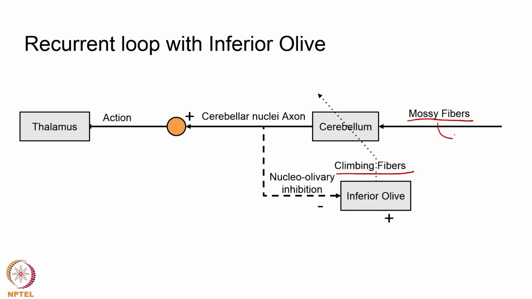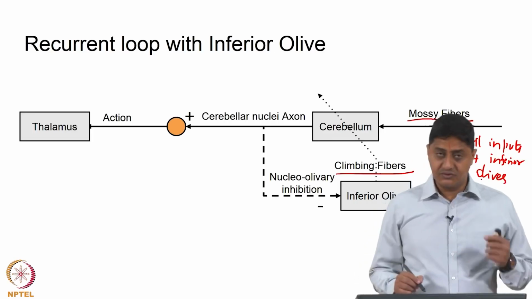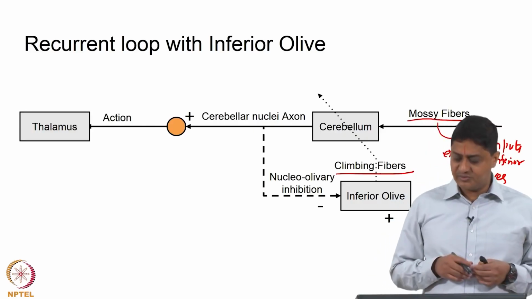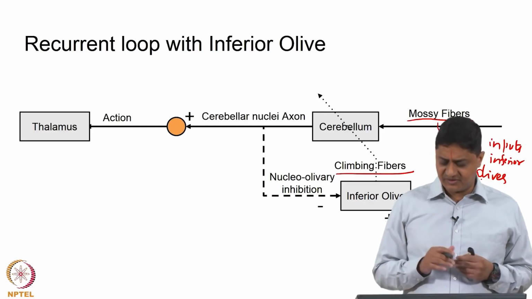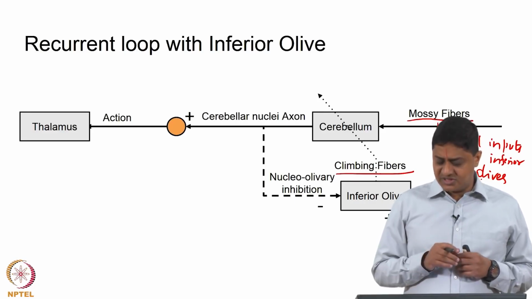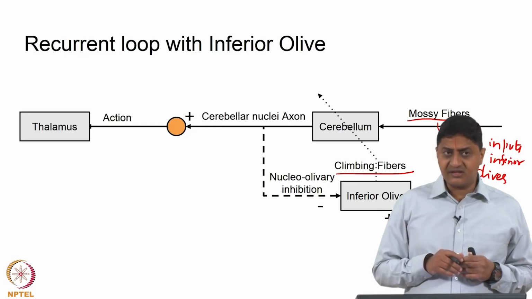Mossy fibers include all inputs except inferior olive. This may be from pons, from spinal cord, or any other region. Inputs that originate from inferior olive are called climbing fibers.